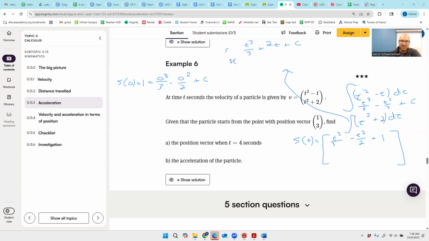So now I could call this s sub x and s sub y.